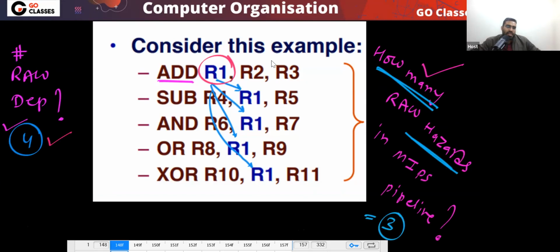This question I put in the Go Classes test series, and isn't it simple? If you know the concept, and this question or a similar one comes in the GATE exam, will you skip it? You can very easily solve it, right? In the Go Classes All India mock test, this type of question is there. If you have a true, correct understanding of the concept, you can solve it.